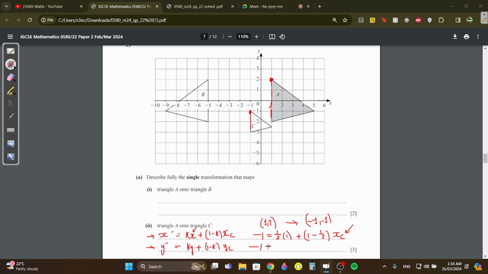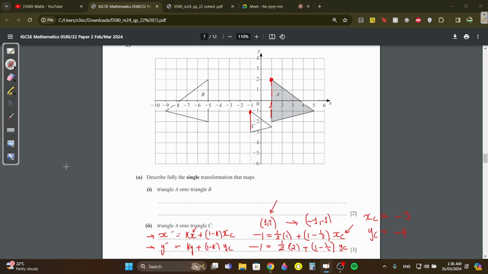Then y prime, which again is negative 1, equals 1 over 2 times the old y, which is 2, plus 1 minus 1 over 2 times y of the center. You can just solve this equation. You're going to get x of the center is negative 3, and y of the center equals negative 4.